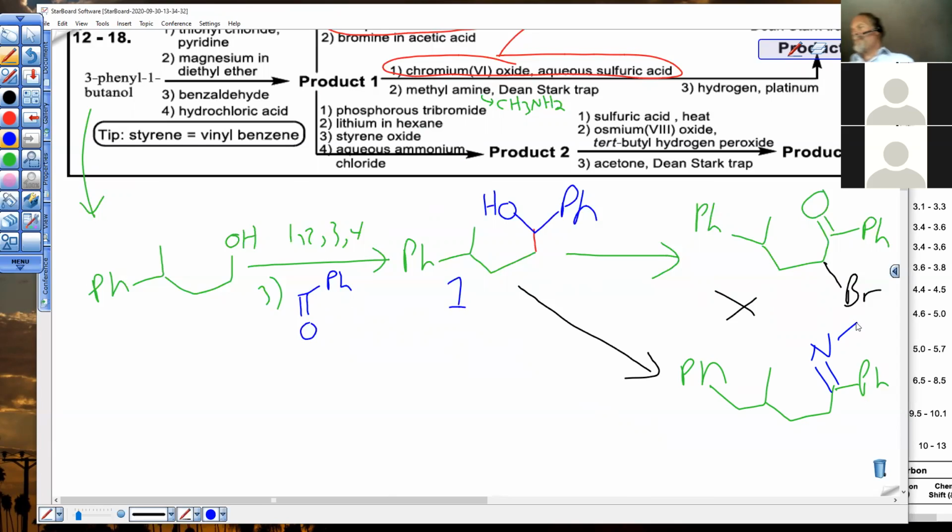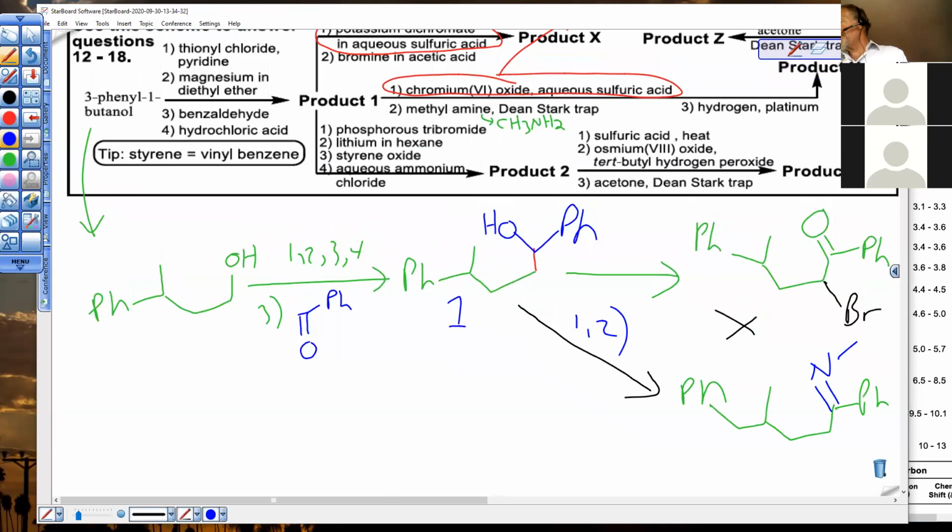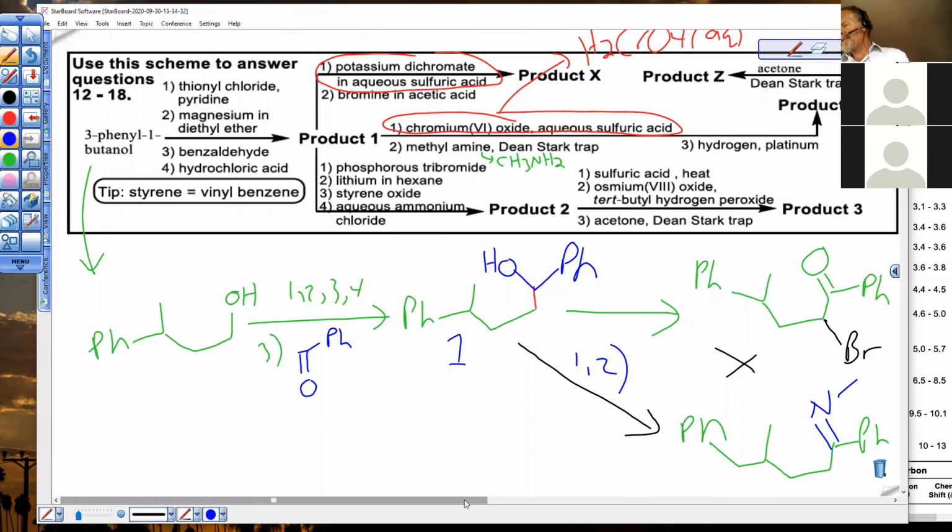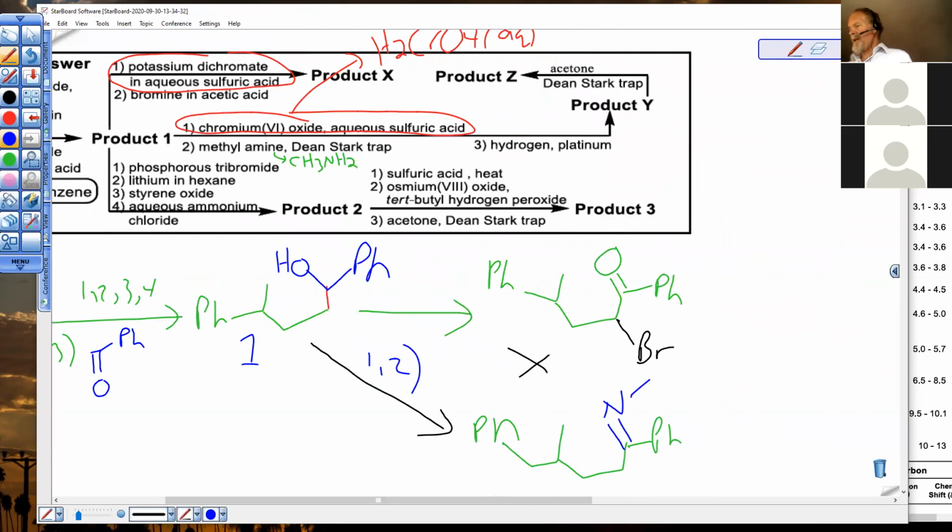But then there's step 3. This is steps 1 and 2 only. Step 3, H2Pt. Hydrogen platinum makes product Y. Step 3, H2Pt reduces the pi.